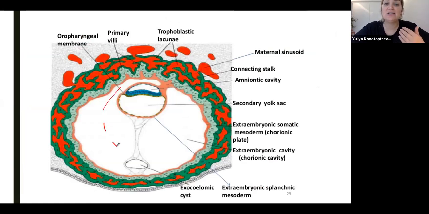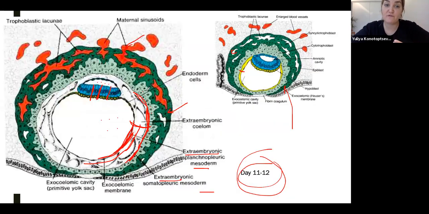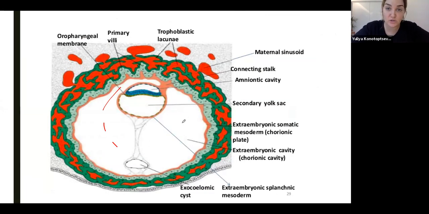This huge cavity is a product of the fusion of these spaces. How do we call this one huge cavity? We call it chorionic cavity. Another name for it is extraembryonic cavity.